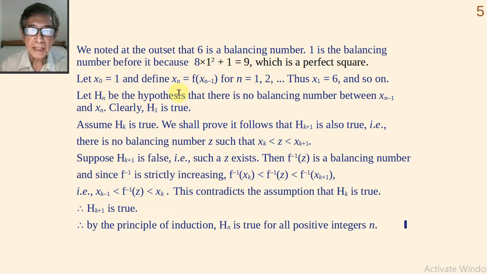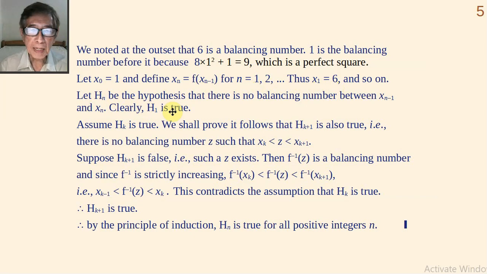Let x0 equal 1 and define the following number xn to be f of xn minus 1 for n equals 1, 2, and so on. Thus, x1 is 6. This is a balancing number following 1.